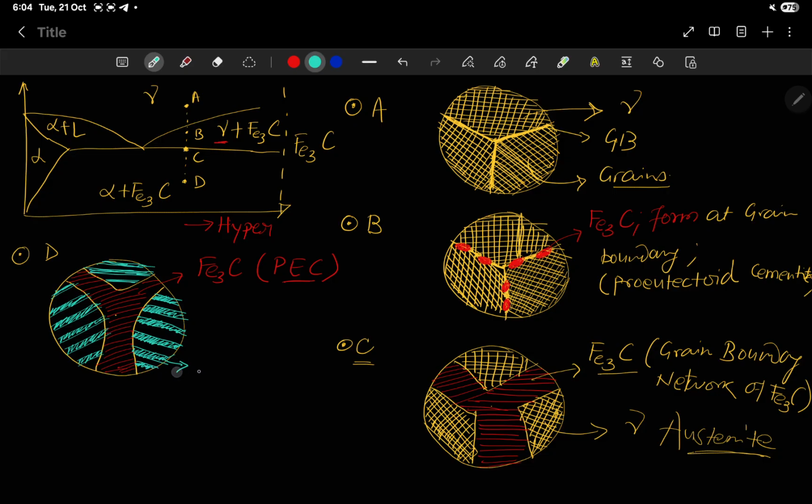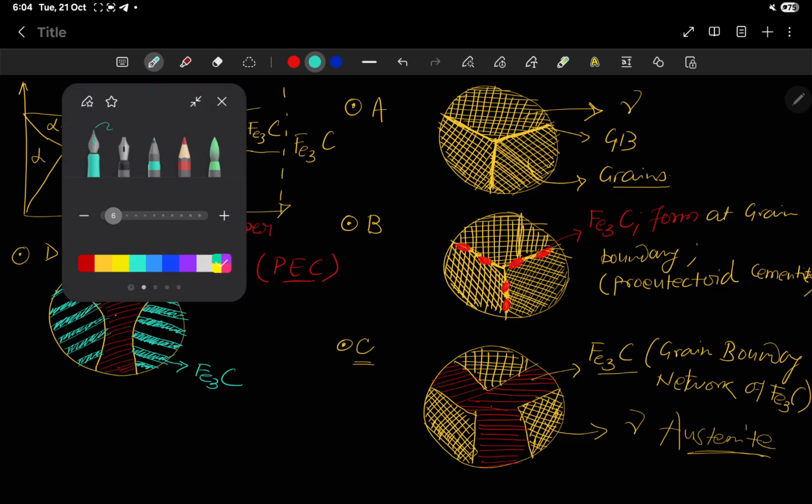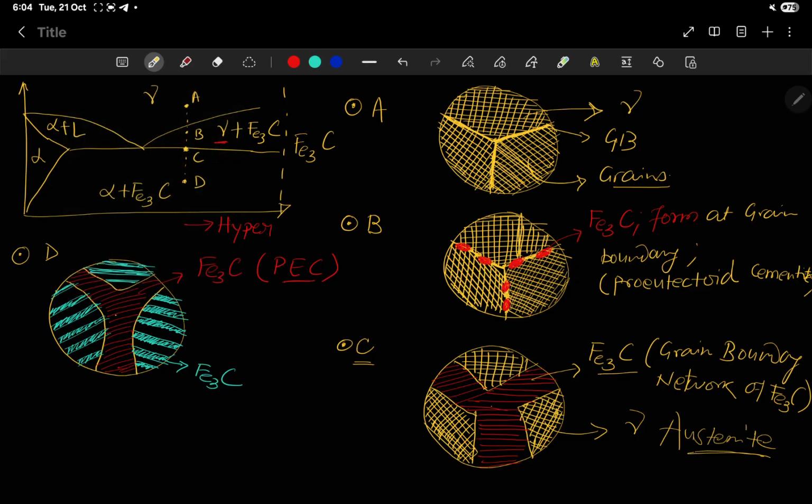This is Fe3C, and here we will get alternate layers of alpha and Fe3C. So this will be the alpha layer. These alternate layers are called pearlite.